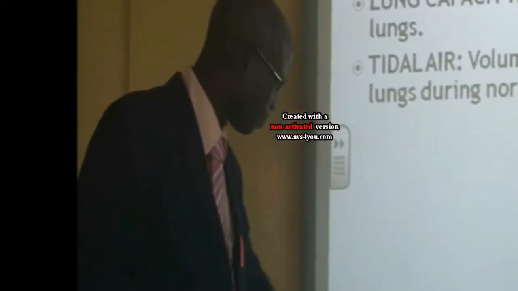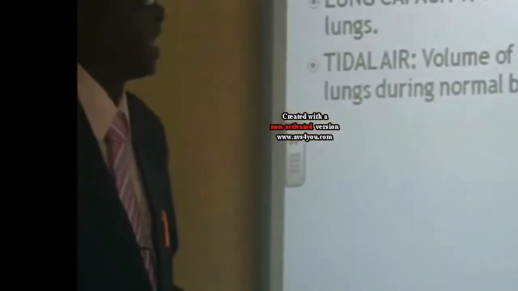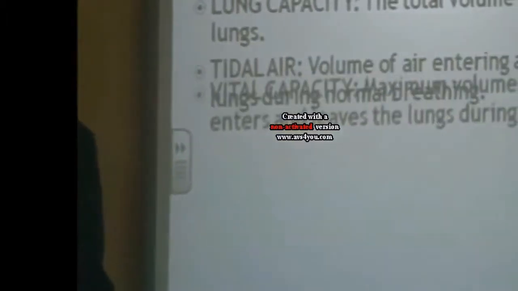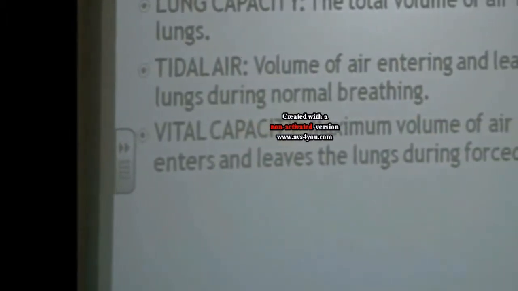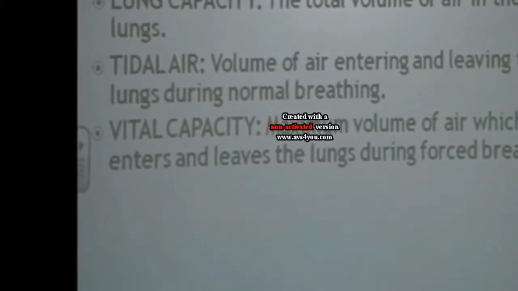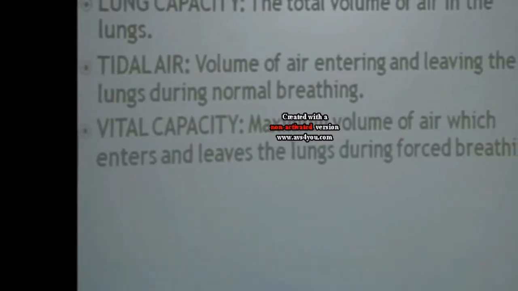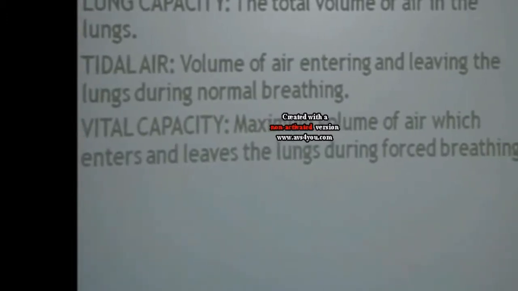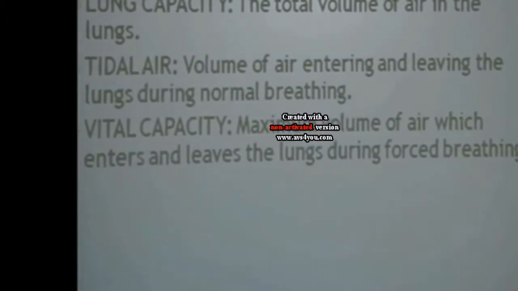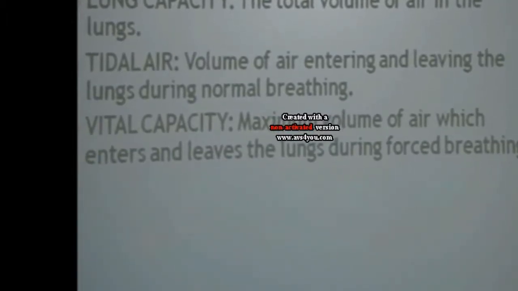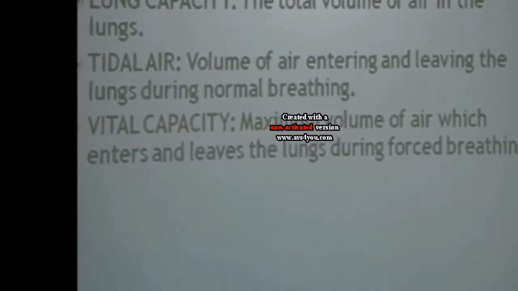The next key vocabulary word is vital capacity. What is vital capacity? It's the maximum volume of air which enters and leaves the lungs during forced breathing. When you breathe in and breathe out hard, then that is vital capacity.